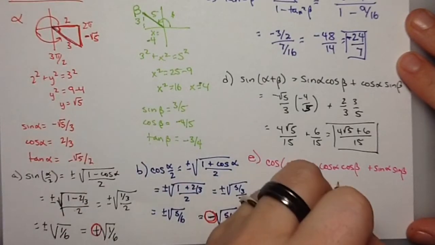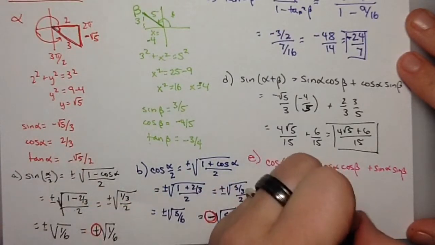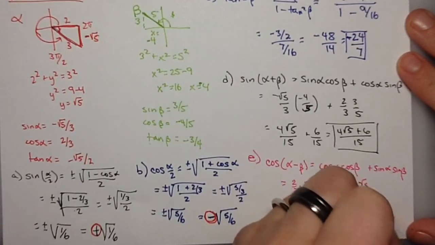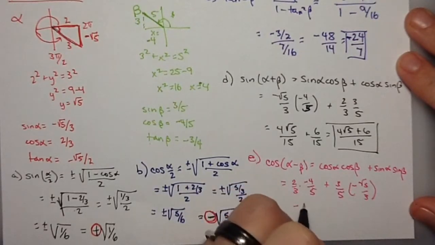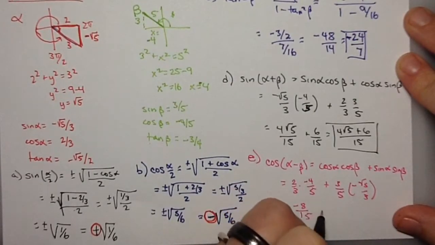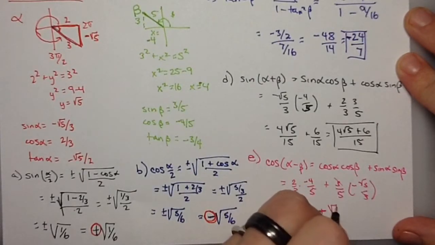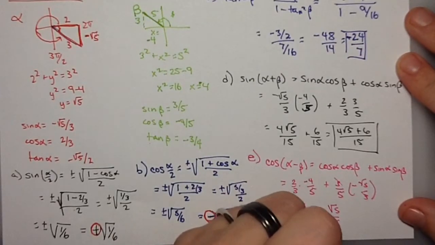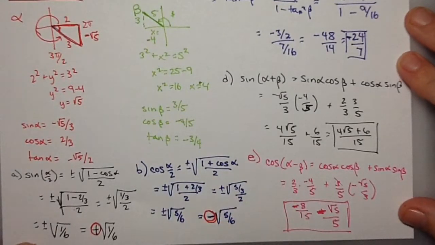Sine beta is 3/5. And sine alpha is negative root 5 over 3. Okay, so 2 times negative 4 is negative 8 over 15 plus, nope, minus the square root of 5 over 5. And that also agrees with the key.